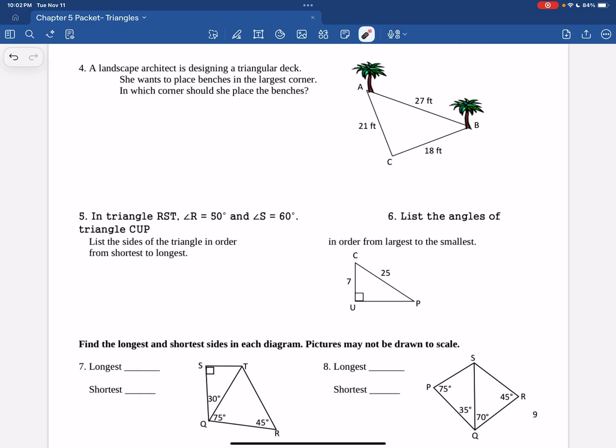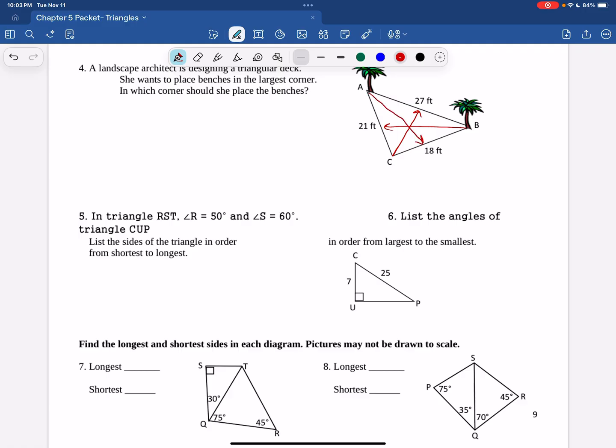Okay, so let's look at these questions then real quick. Number 4 says, a landscape architect is designing a triangular deck, and she wants to put down some benches, and she wants the benches to be across from the largest corner or the biggest angle. So let's go ahead and look, but I don't know the sizes of the angles, but I do know the length of the sides. So I'm going to start at each angle, and I'm going to draw a line diagonally across the triangle from the sides that they are opposite.